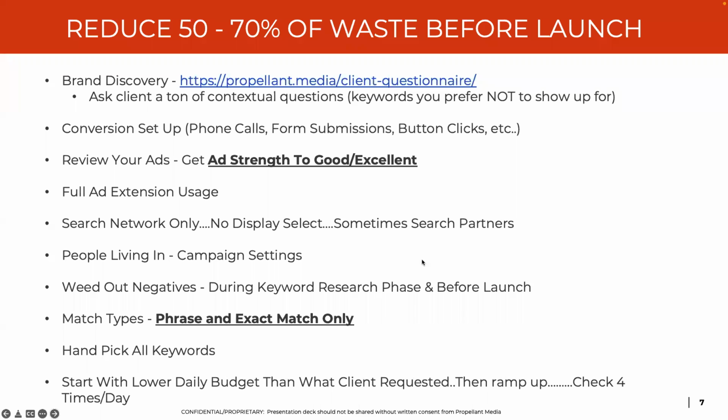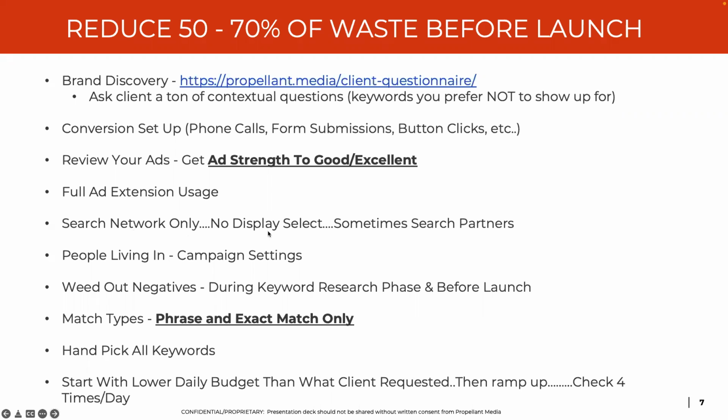A lot of times when we're building out campaigns, folks will have the Display Select network turned on, and sometimes they will also have search partners. My preference is typically to have both of those turned off and only the search network turned on initially. There are times when I will then turn on the search partners network, if I've expanded my reach quite a bit on the search network.